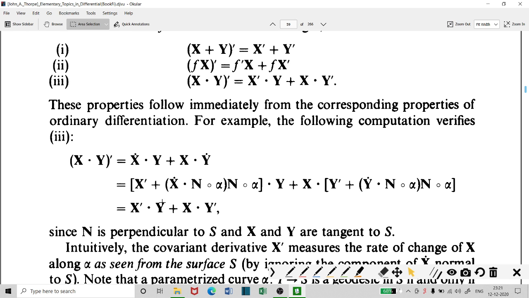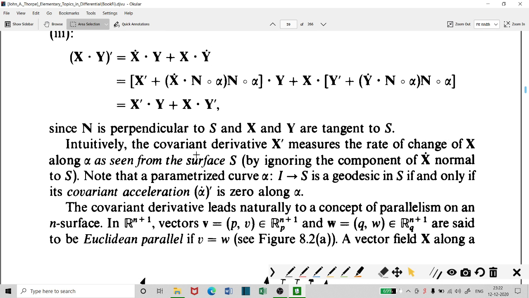So we can say that this covariant derivative satisfies the conditions of usual derivatives as well. Intuitively, we can say that the covariant derivative x prime measures the rate of change of x along alpha as seen from the surface. That means we remove the normal component.